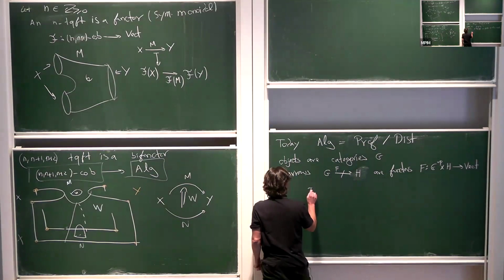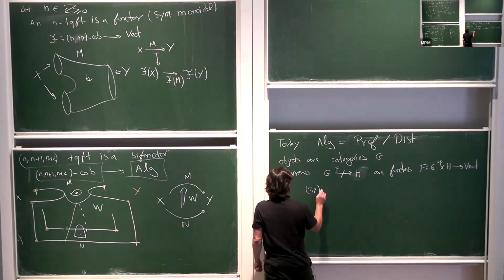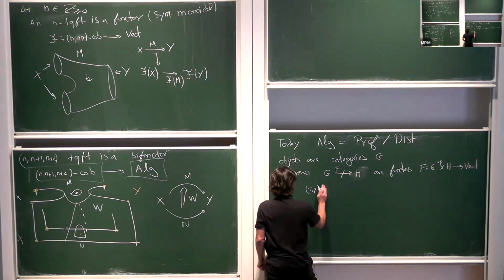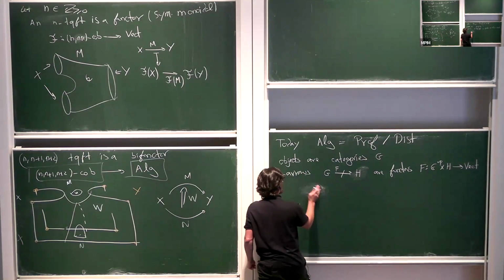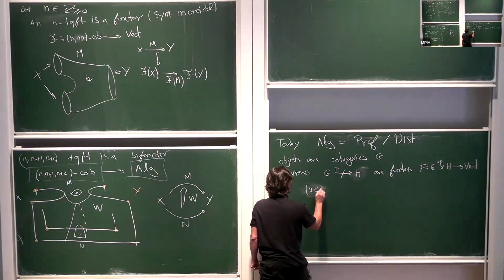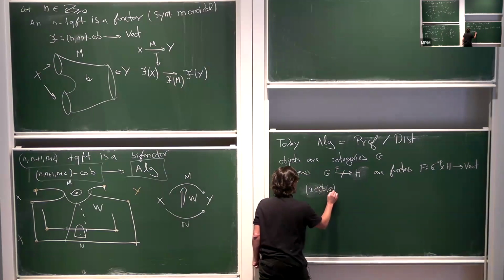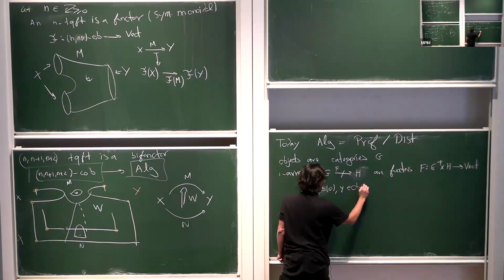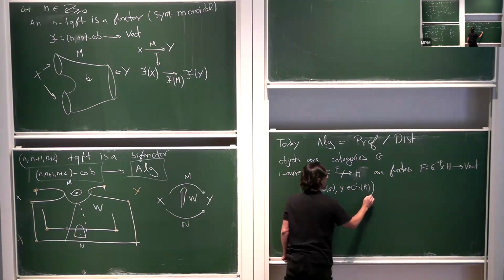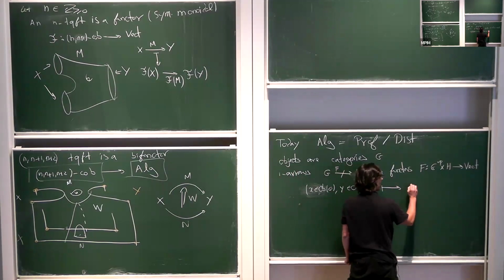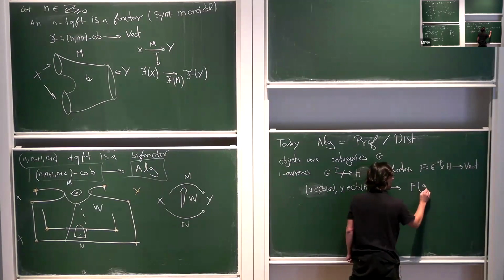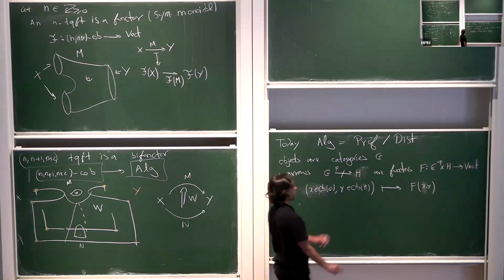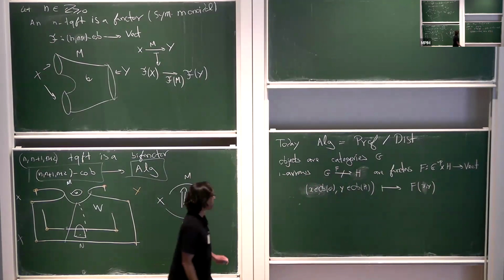So if I have two objects, X in G and Y in H, this is sent to something I'm going to call F of X, Y, which is supposed to be a vector space.